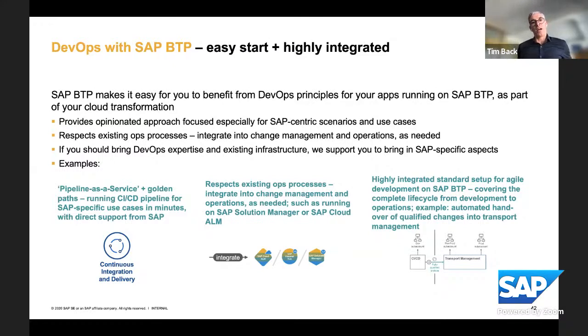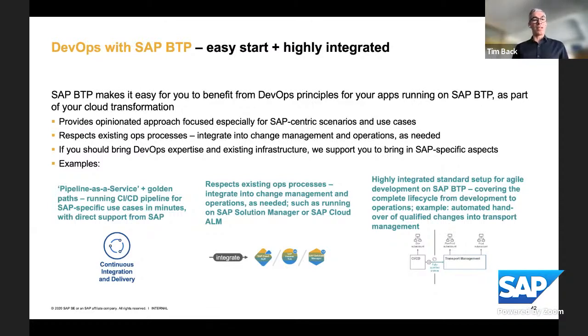SAP now also gives you an easy start with the continuous integration and delivery service. That's not to say that SAP does not give you the option anymore to create your own pipelines. There is the so-called Project Piper out there where you can do that freely, and SAP helps you create your own pipelines as you like.